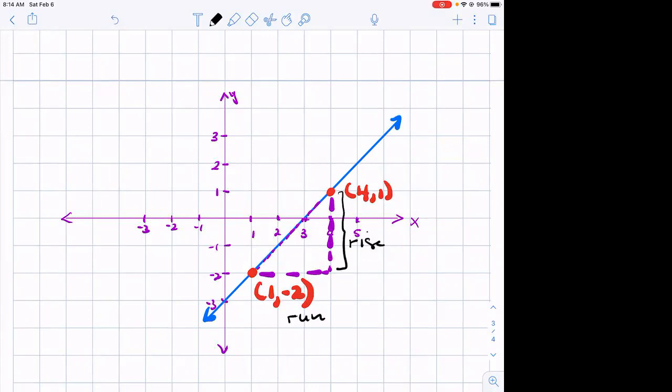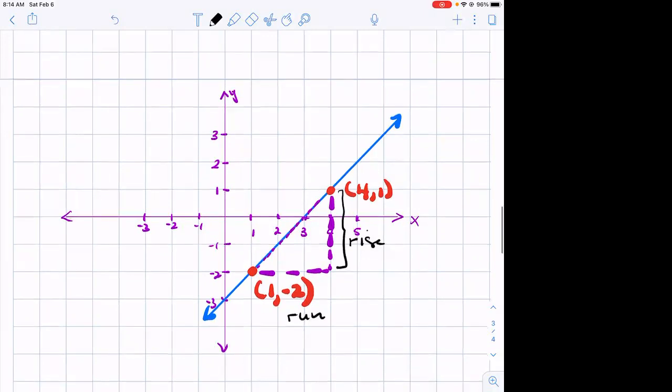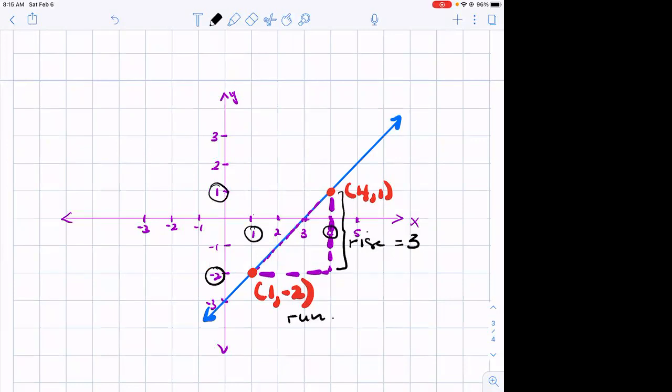So this distance from negative 2 to positive 1 is 3 units. Okay? And the run from 1 to 4 is also 3 units. Okay? So the vertical change is 3 and the horizontal change is 3.